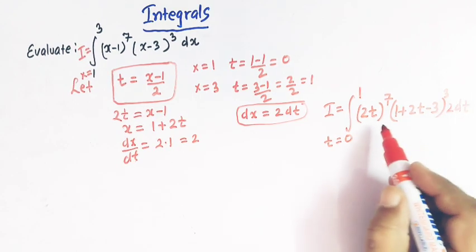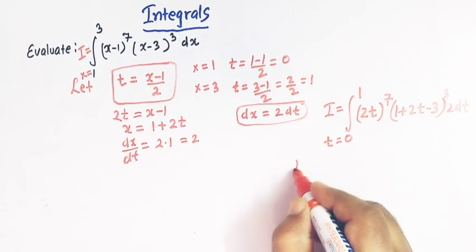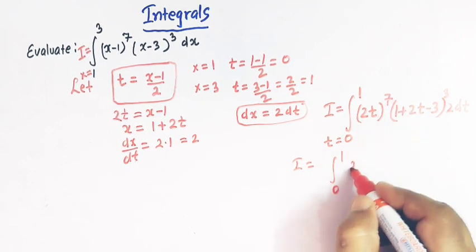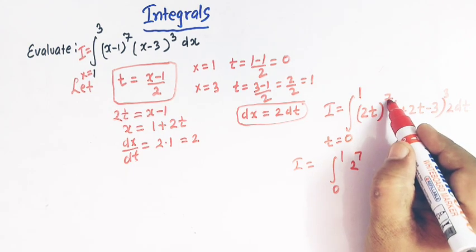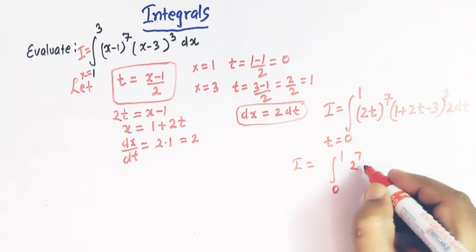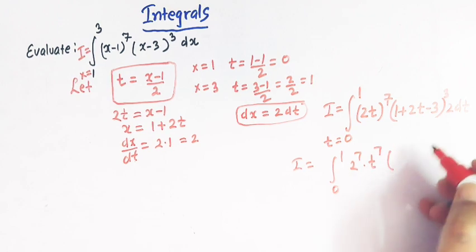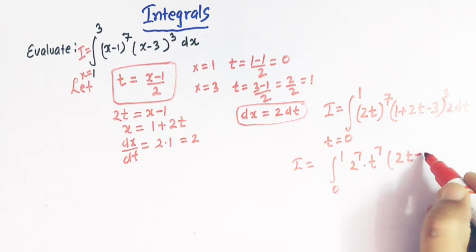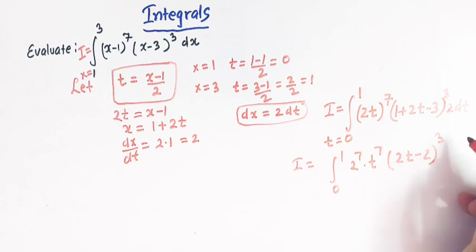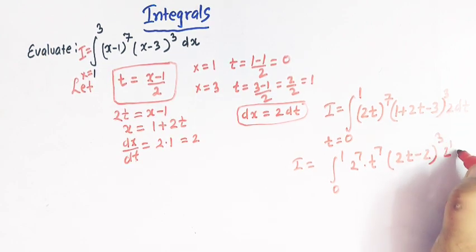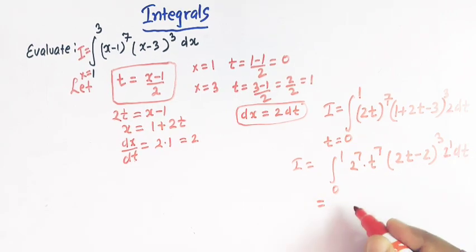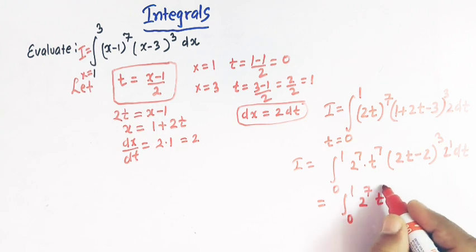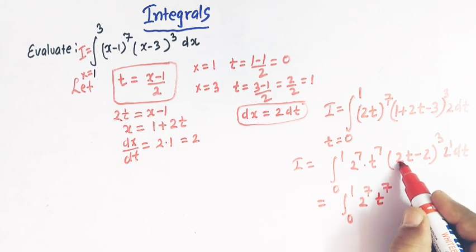Now we can simplify this integral: from 0 to 1, 2 raised to 7, t raised to 7, then 2t minus 2.